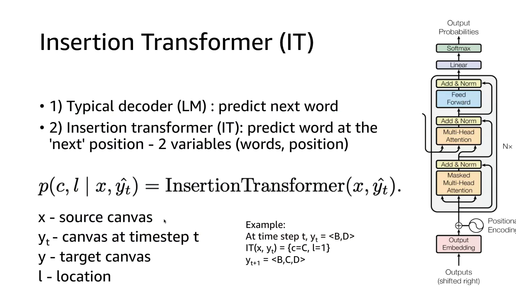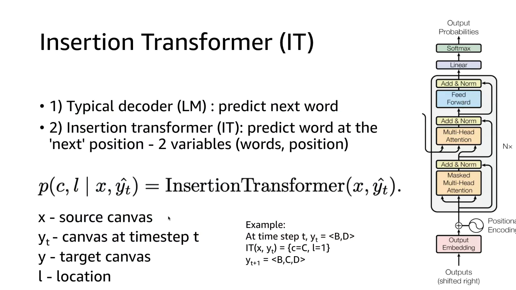And some terminology for the rest of the presentation: X is the source canvas, which is the source sequence. Y_t is the canvas at time step t, meaning that at time step t, these are the words which have been produced. Y itself is the target canvas or target sequence, and L is the location, meaning the location where the word would be inserted.